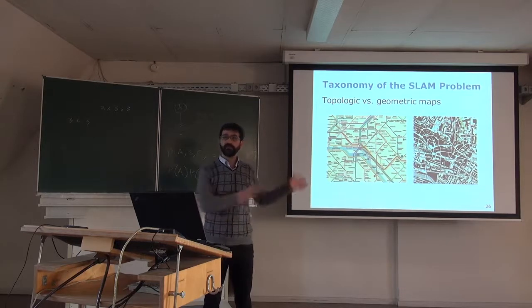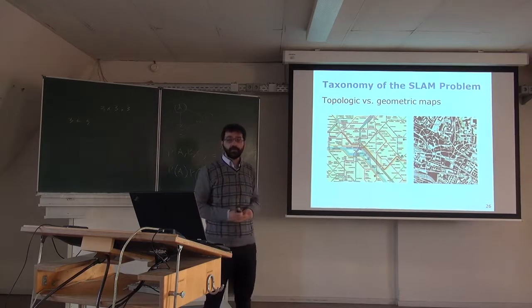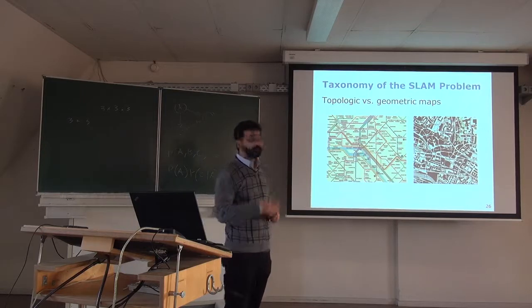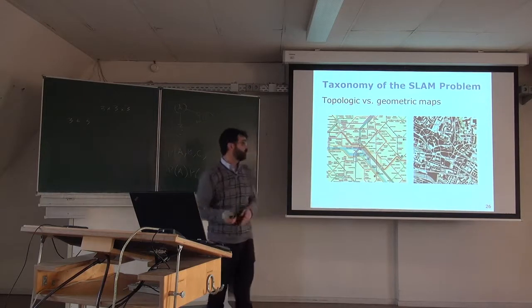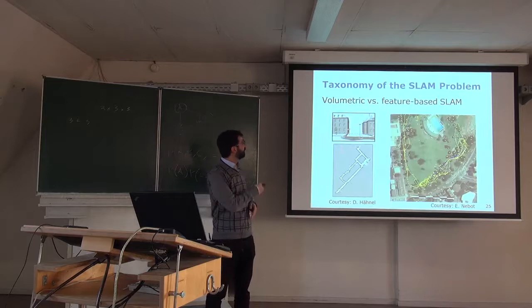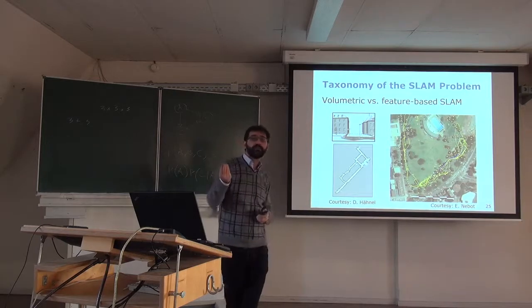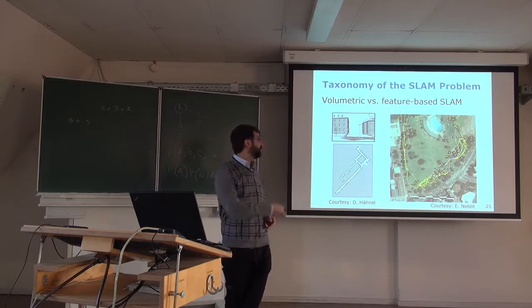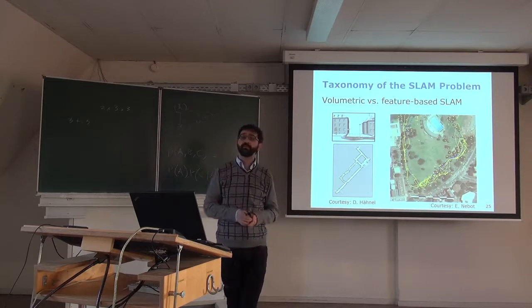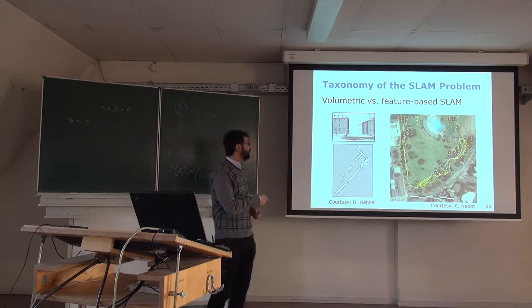Okay, so there are different map representations. In principle, as robotics, we are more often interested in volumetric representation. That's for two reasons. One is that they can give us an accurate location of the robot, but you can do it also with this kind of representation. And the second is that we can use them to do planning.